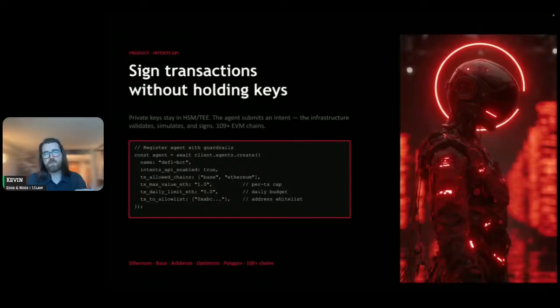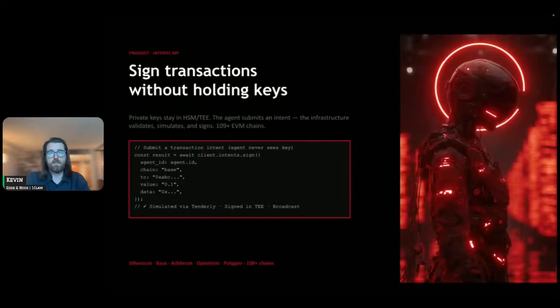It just has to prove it can use the key, and then we execute this inside of the actual TEE. So the keys never leave the hardware. We support over 109 EVM chains, and we're going to be expanding to Solana and Bitcoin and other networks in the future. But this is a way for you to verify that your agent never even needs to see the key, and it's handled inside of the TEE.